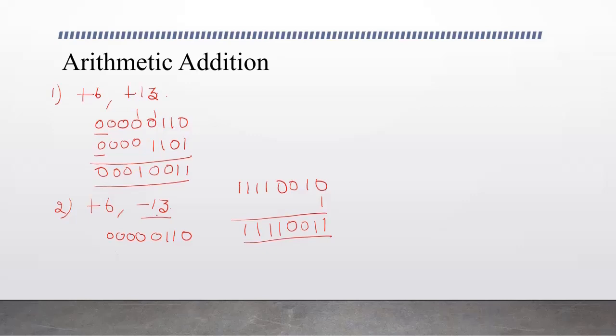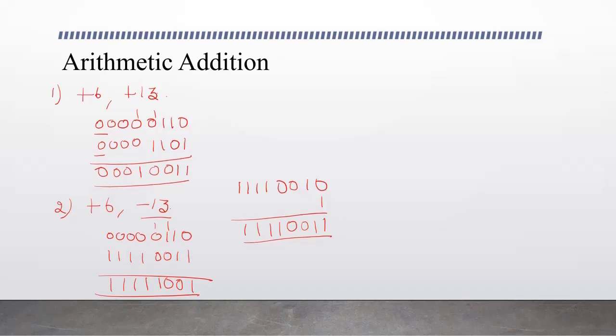As negative numbers need to be 2's complemented, we write this 2's complement of 13: 1 1 1 1 0 0 1 1. The operations we perform are complementation and addition. 1 1 plus 1 is 1 0, and so on, giving 1 1 1 1 1 0 0 1.